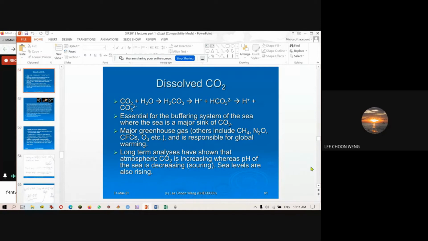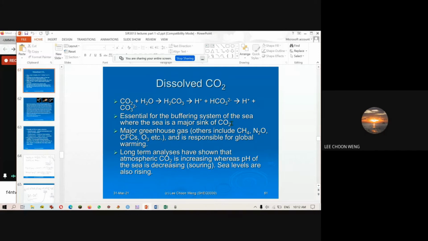So when CO2 is dissolved in the seas, it forms carbonic acid, which will dissociate into bicarbonate and carbonates. Okay. So this is essentially the buffering system of the sea. And this is what makes the sea a major sink of CO2.